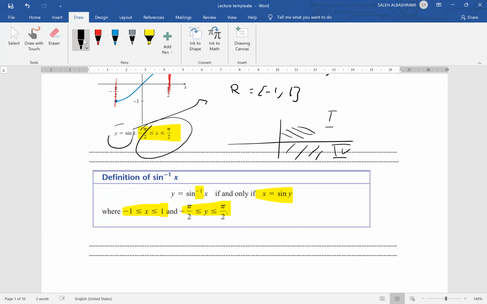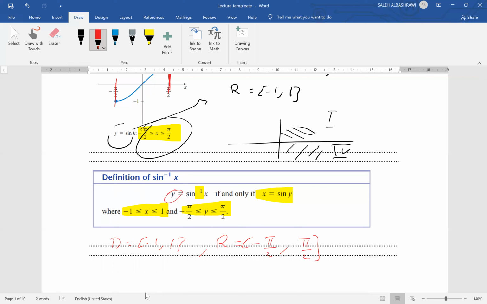Now if we speak about the inverse function, y equal to sine inverse x, y is the output, and x will be between minus 1 and 1, so the domain of this function is minus 1 to 1, and the range is minus pi over 2 to pi over 2.